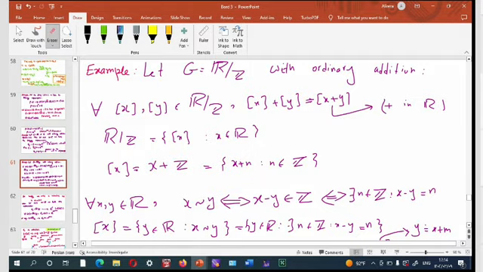The class of x plus the class of y equals the class of x plus y. We know that x plus y is an element of R, and this is the ordinary addition in real numbers.